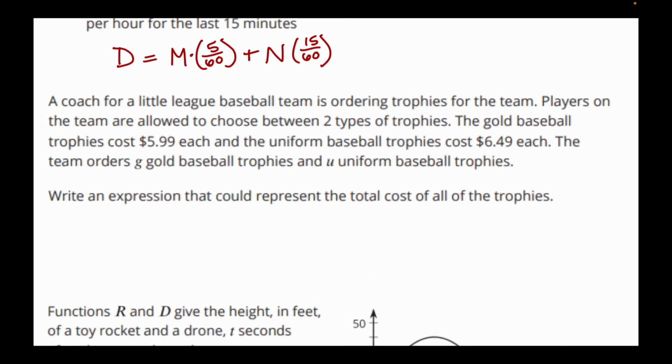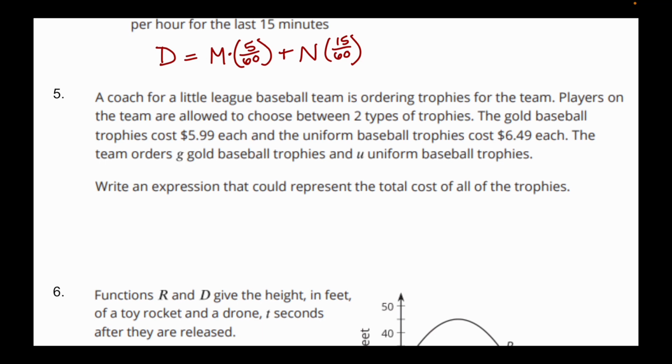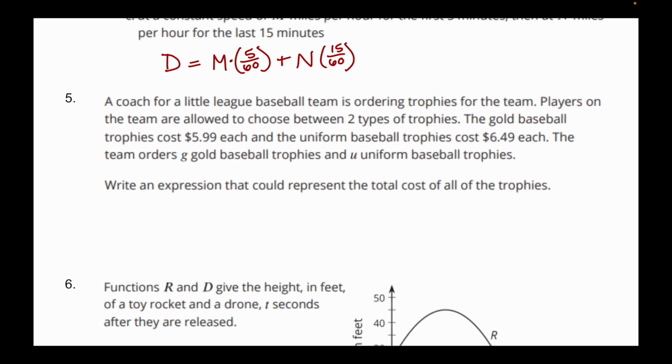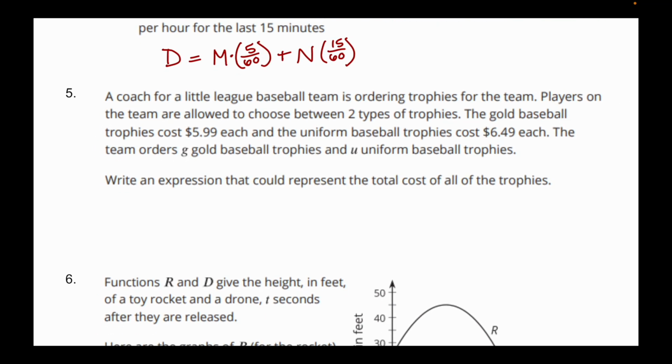So that brings us to question 5. A coach for the Little League baseball team is ordering trophies for the team. Players on the team are allowed to choose between 2 types. The gold baseball trophies cost $5.99, and the uniform baseball trophies cost $6.49. The team orders G gold baseball trophies and U uniform baseball trophies.